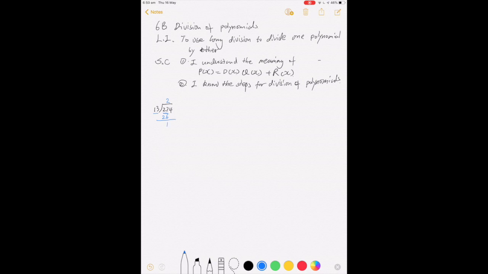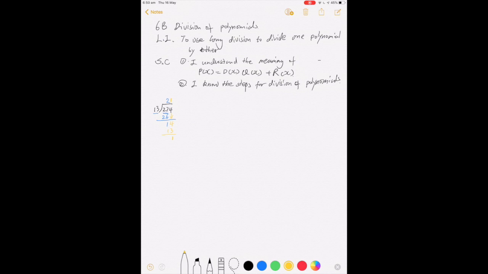And then I bring the third digit back down, so I got 14. I check the maximum multiple of 13 I can get as close as to 14, which is 1. So I got 1 over here, then you have 13, and then you have 1.